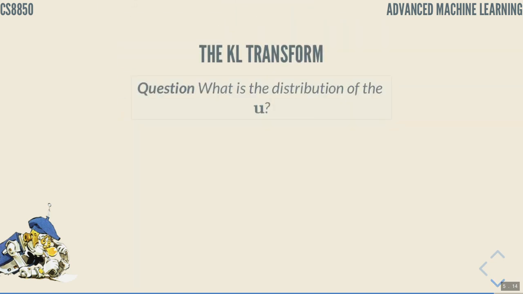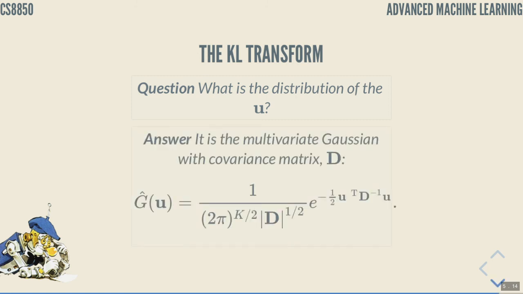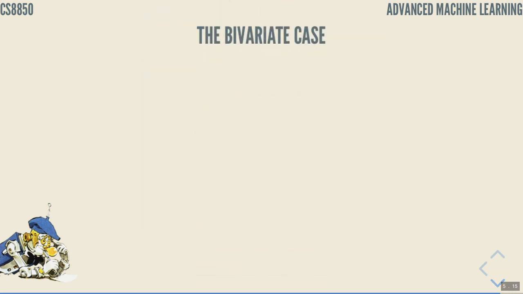And the question is, what is the distribution of the U, the KL transformed Gaussian variable? Well, let's look at it. It is still multivariate Gaussian with covariance matrix D now. But covariance matrix D is diagonal, as we know. So it's easy to see in the bivariate case what happens.